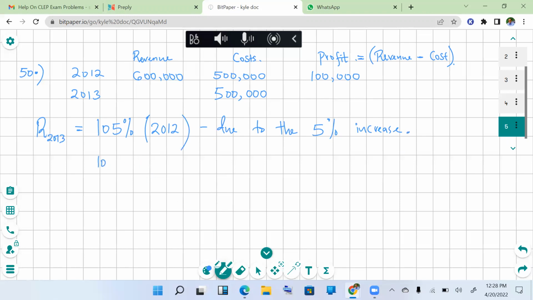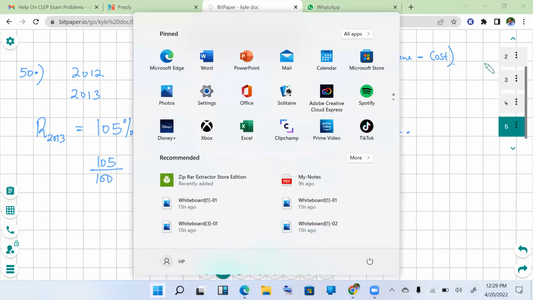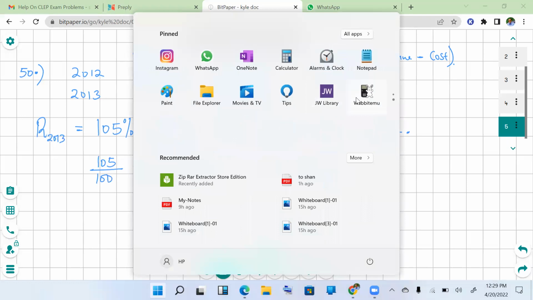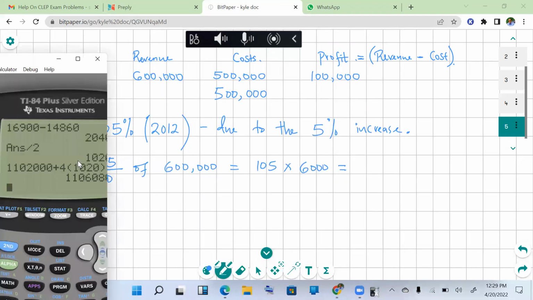We just take 105% of 600,000. This is actually 105 multiplied by the 2 zeros in the 100 and 600,000, they cancel out, and we are left with 6,000. So it's going to be 105 times 6,000. So let's calculate that.